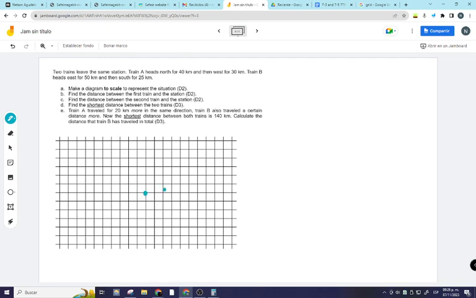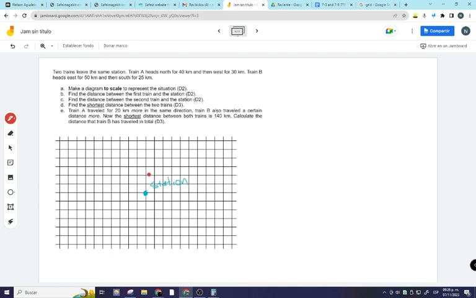Let's say that this point is the station. I am going to use the red color for train A. Because two trains leave the same station, train A heads north for 40 kilometers and west for 30 kilometers. So let's say that each square represents 10 kilometers.